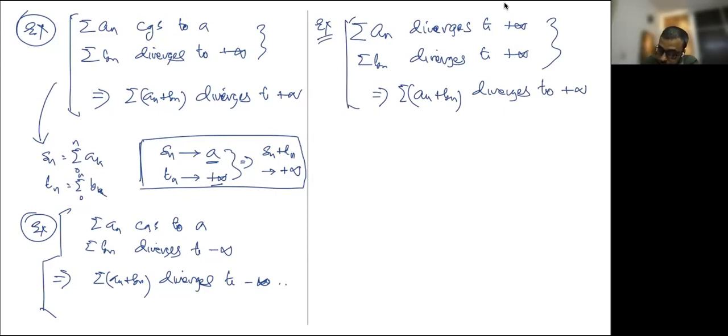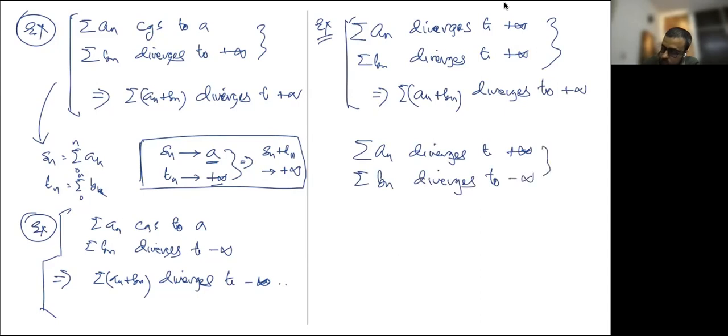The case where there's no clear answer is this. So here nothing definite can be said about summation a_n plus b_n.